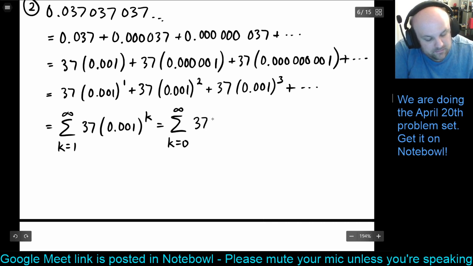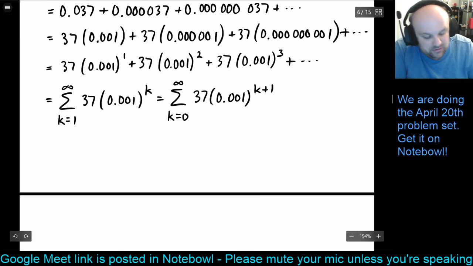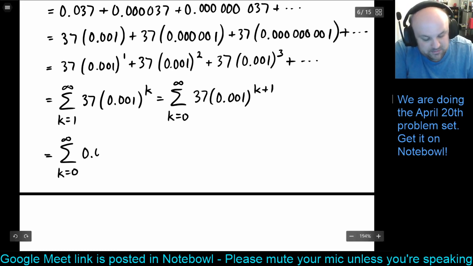And now this bumps up to k plus 1. Again, we drop this by 1, so we have to raise this by 1. And do the same trick as before. This is going to be 0 to infinity. So I'm going to take out that extra copy of 0.001. And what we get is 0.037 out here, and then 0.001 to the k.